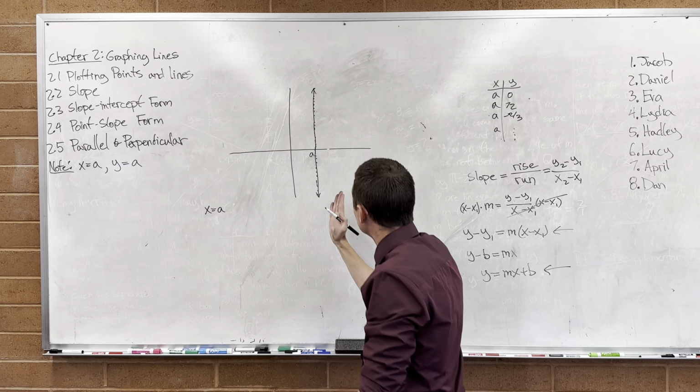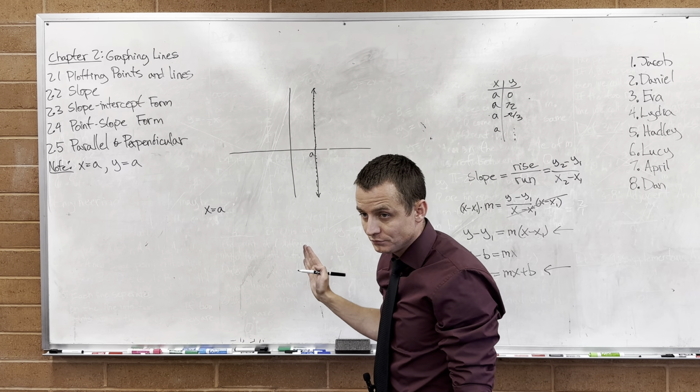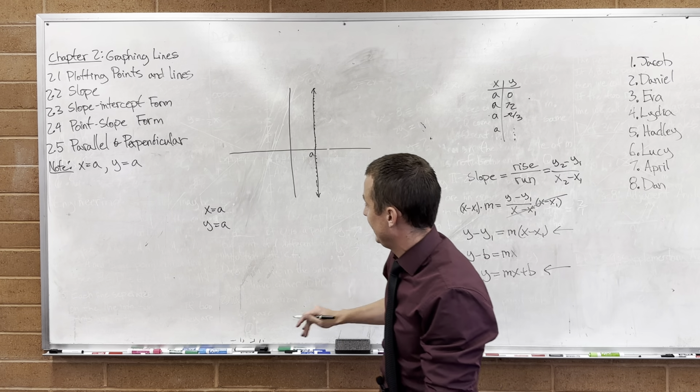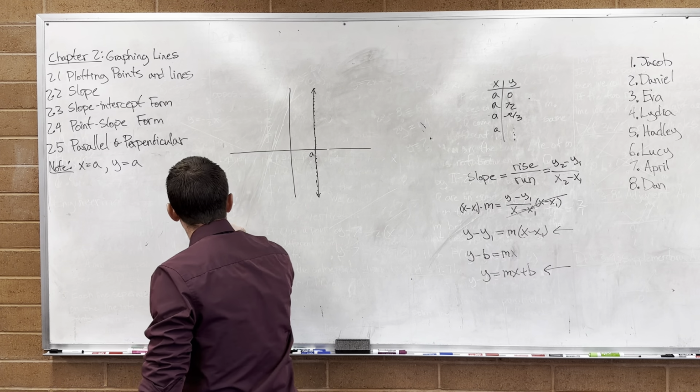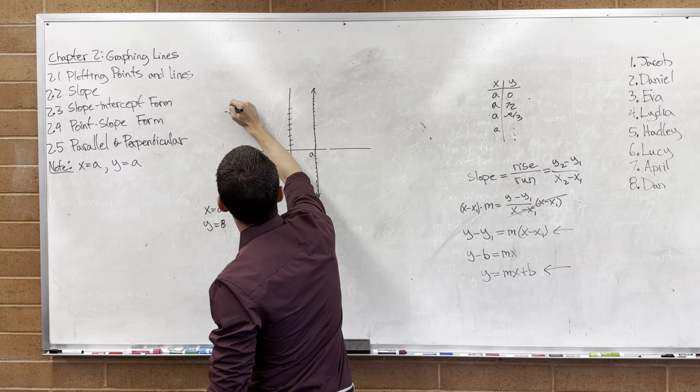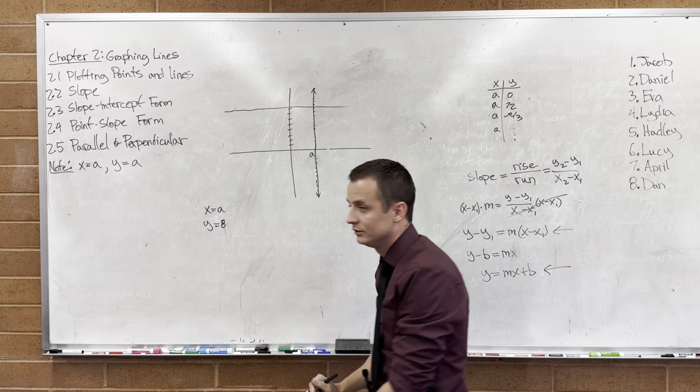That's it. So that's just a vertical line straight up and down. Similarly, what about when y equals some number a? A horizontal line at a. So if it's y equals 8, then that's a horizontal line at 1, 2, 3, 4, 5, 6, 7, 8. That's just that line. Oops, missed, but you get the point.